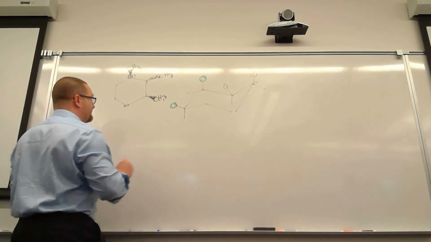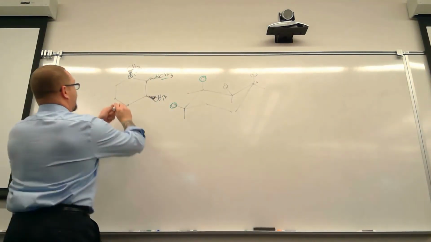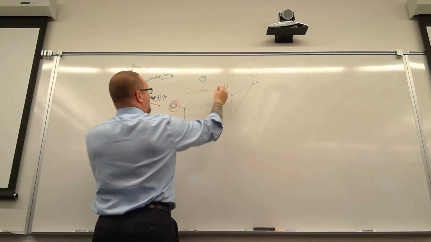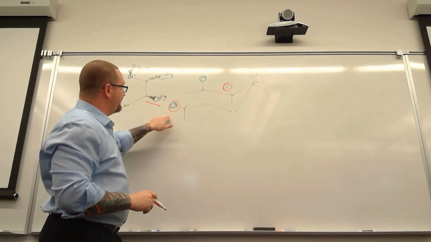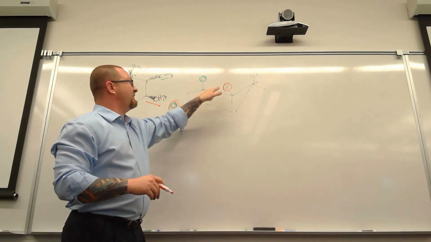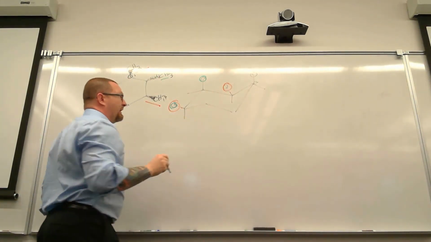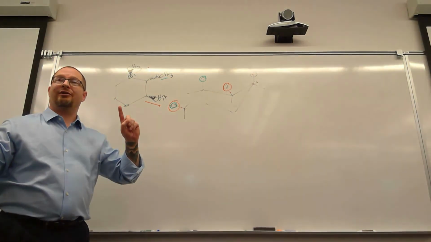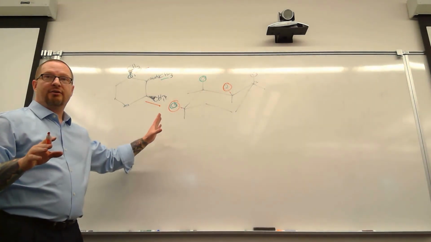But if I have, and these are all trans, if this is trans to this, excuse me, cis, if this is cis to this, and I ring flip, this is equatorial and that's equatorial, they will both become axial, and you'll have one scenario where they have diaxial interactions and one where there are no diaxial interactions.